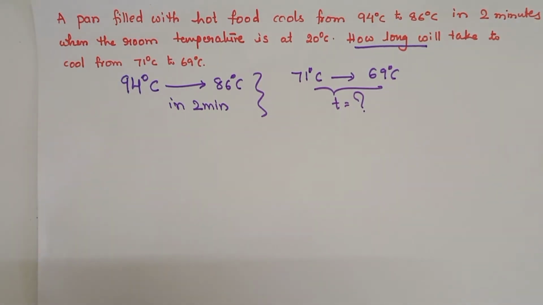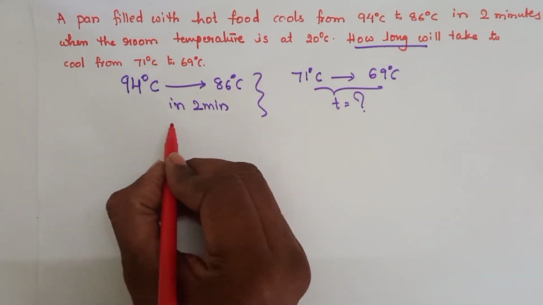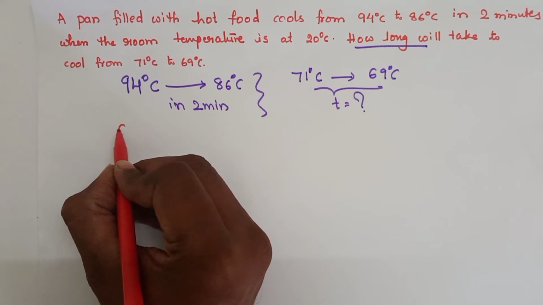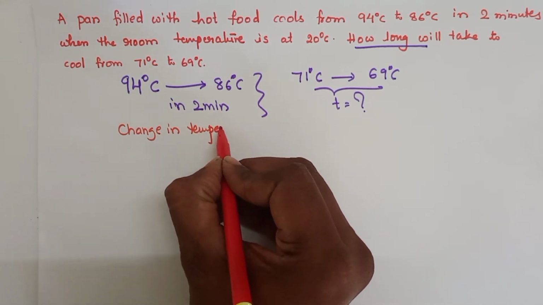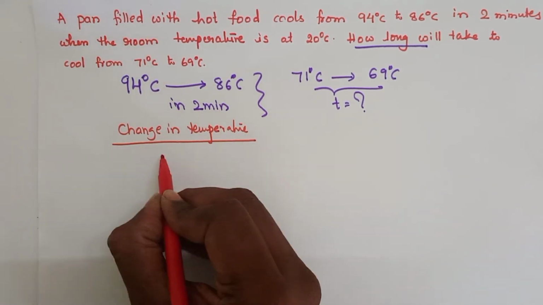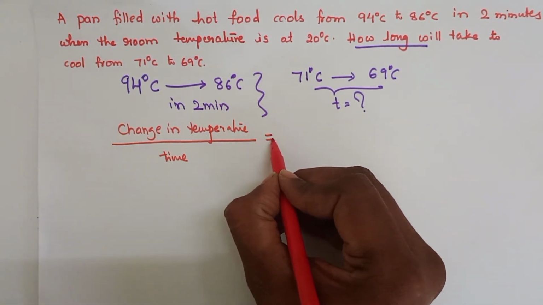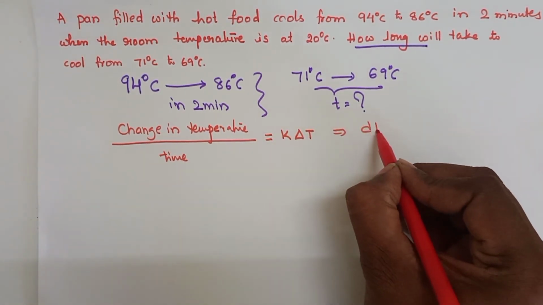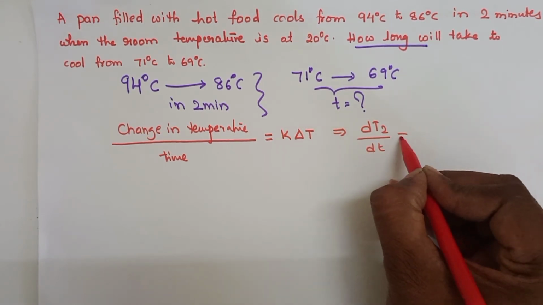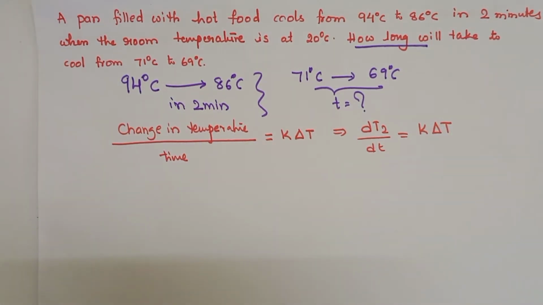What is Newton's cooling formula? We have to go for change in temperature with time, directly proportional to delta T, let us say K into delta T. What is that actually? dT by dt equals K into delta T. Now let us substitute the values and find out the rate constant.